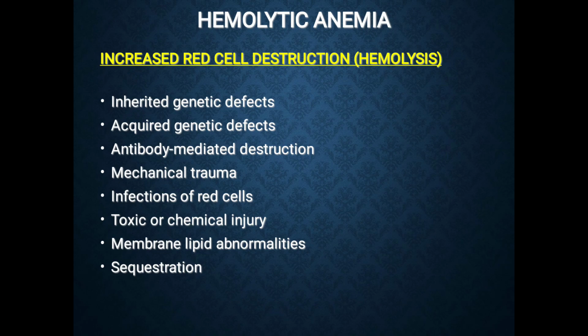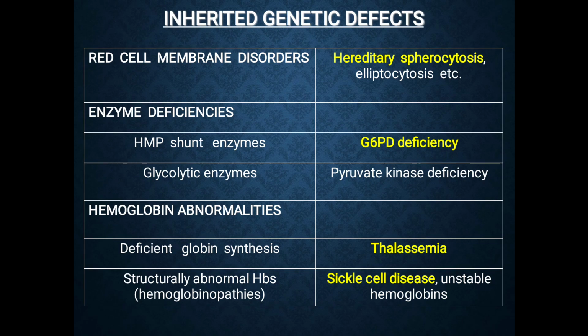The same thing is seen here, and it is giving examples of inherited hemolytic anemia and their causes. In red cell membrane disorders, there is hereditary spherocytosis, and G6PD deficiency in the HMP shunt pathway. Due to globin synthesis deficiency, thalassemia is seen.